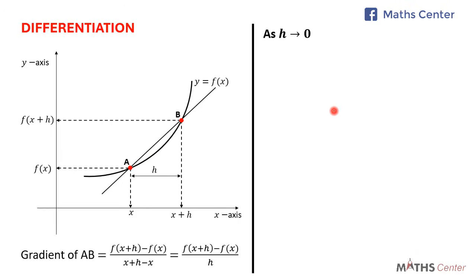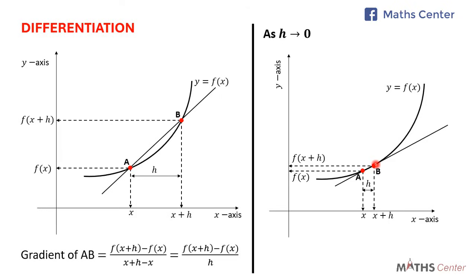So I'm going to show you a diagram of it here. We will drop B from this point so that it gets closer to A, as you can see here. On the diagram, there is some distance between A and B, but imagine that the distance is very, very small.